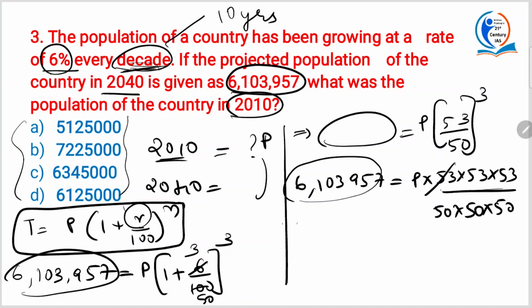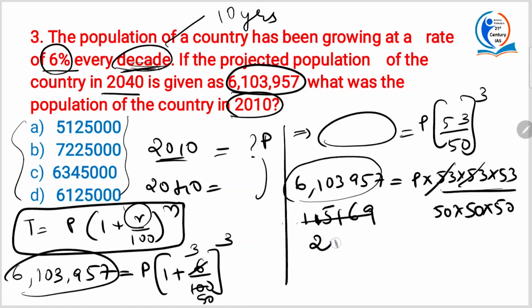53 ones are 53, 53 ones are 53. So again it will become 1, 5s are, then again 1, 6, 6 are, and then 9s are. Now 53 ones, 53 twos are 106. So how many numbers are remaining? 9, 91.